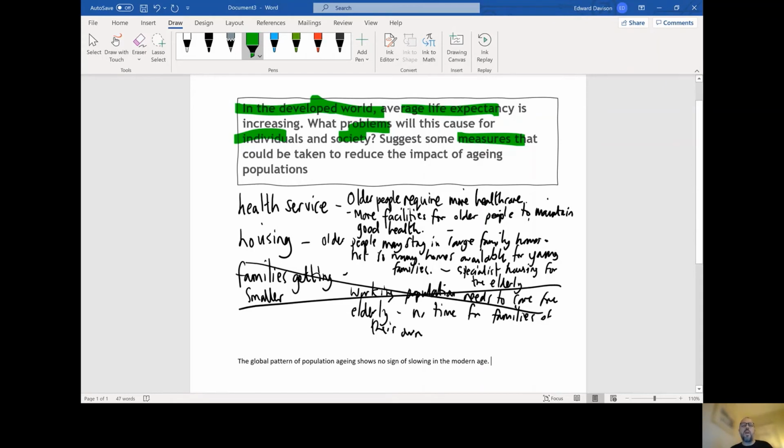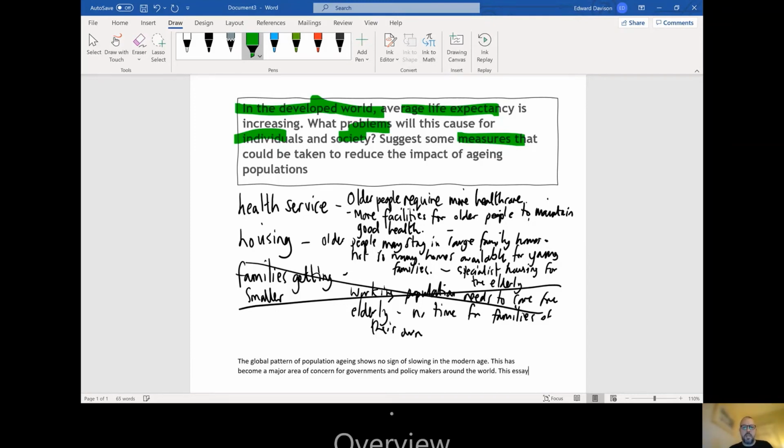Okay, now I want to reference the question, make a note that this is problems and solutions. So this has become a major area of concern for governments and policymakers around the world.